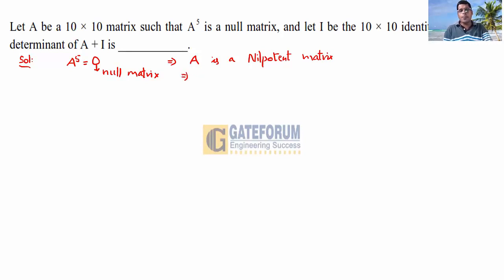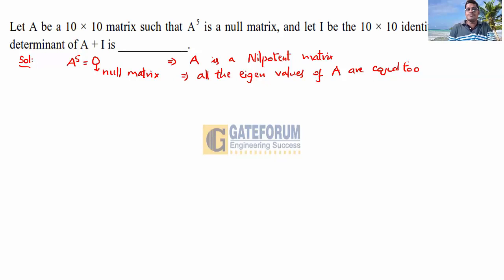Implies, according to the properties of eigenvalues, all the eigenvalues of a nilpotent matrix are equal to 0. All the eigenvalues of A are equal to 0.